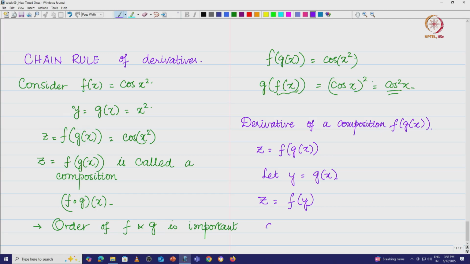Now, what is dz by dx? I want to find out the derivative of z with respect to x, because ultimately that is what is here. I can take this as dz by dx is equal to, z is a function of y, so I am going to say dz by dy into dy by dx.